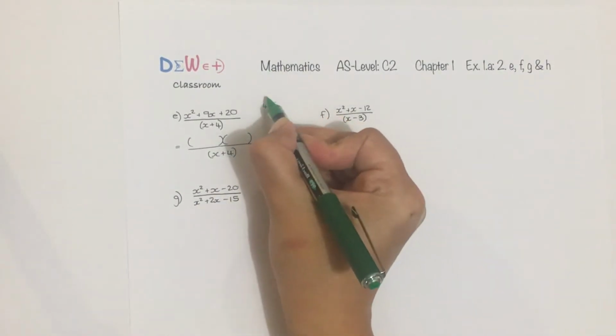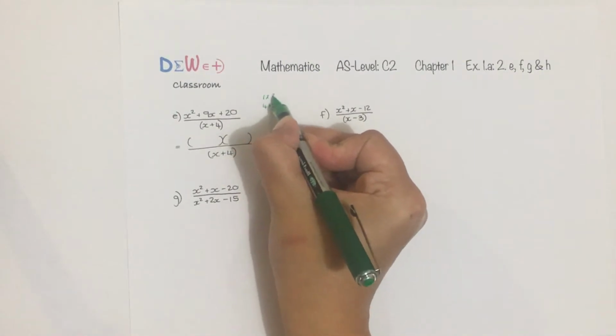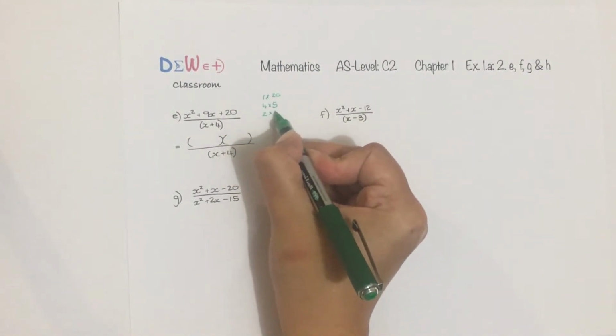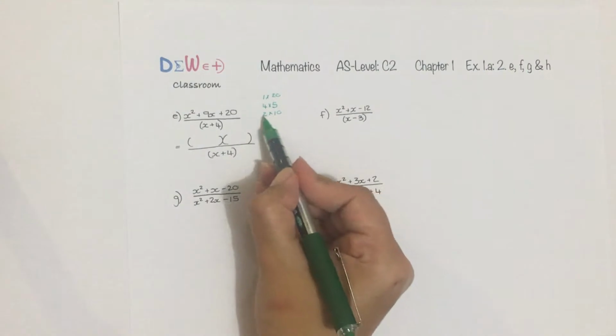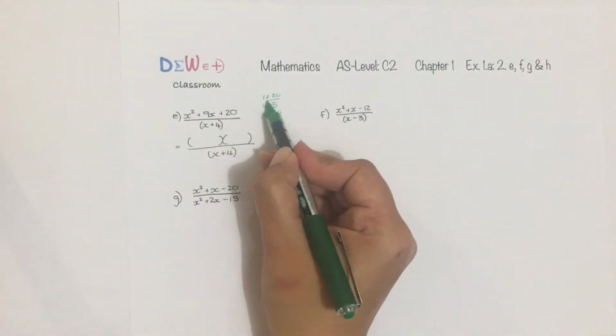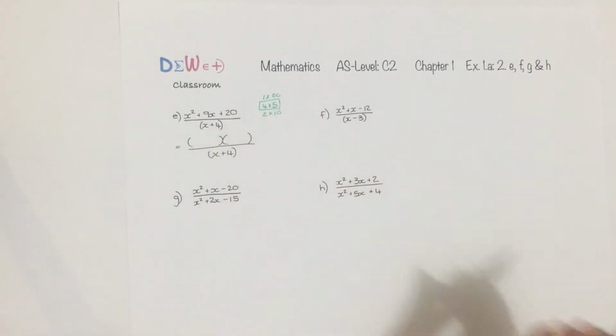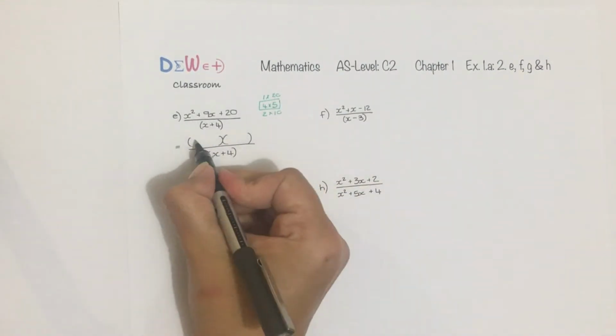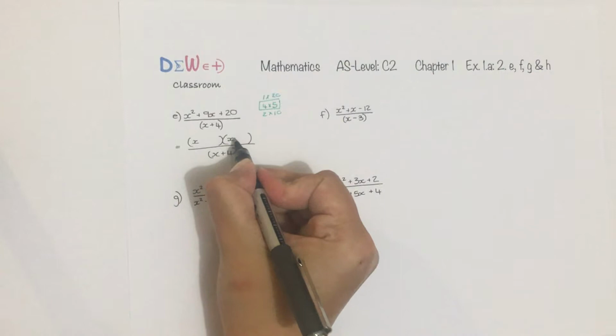So we get 4 times 5, we get 1 times 20, we get 2 times 10. Right, so which of those factors, if we add them together, will give us 9, which is obvious, 4 and 5. So inside our brackets, we're going to have an x plus and an x plus.